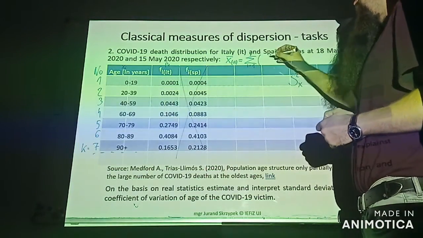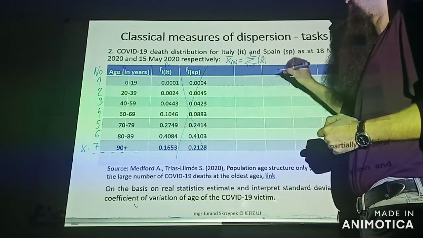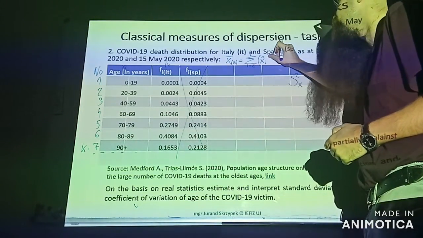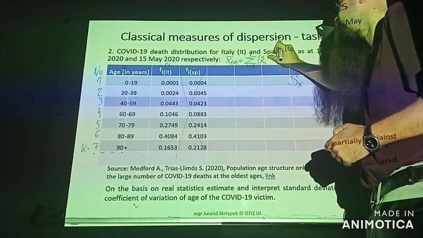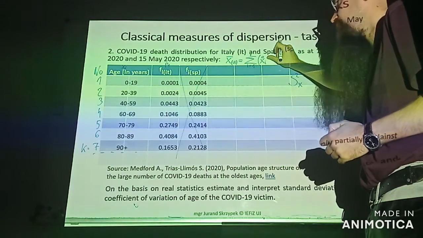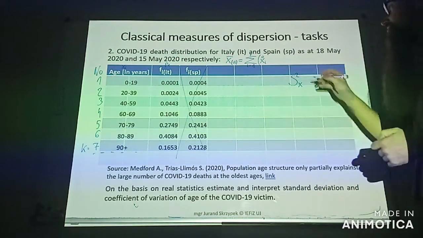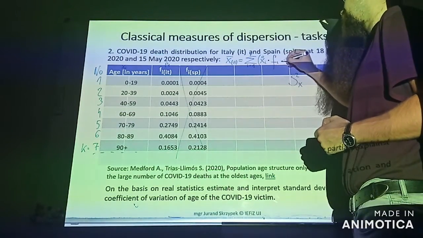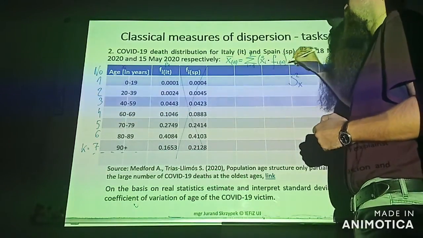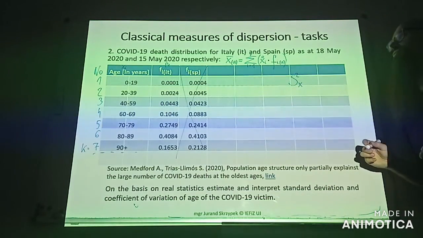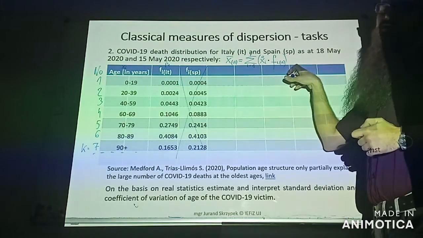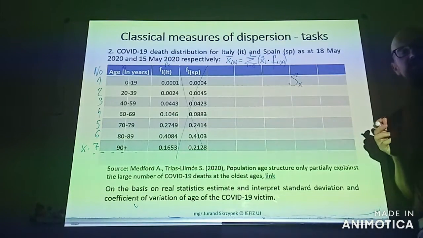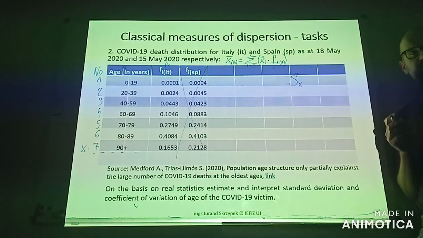And in the bracket we have what? We have xi with a circle, which means the middle of the classes, multiplied by relative frequencies. Yeah. And if we sum up these products, we will receive the average age of Italian COVID-19 victims.